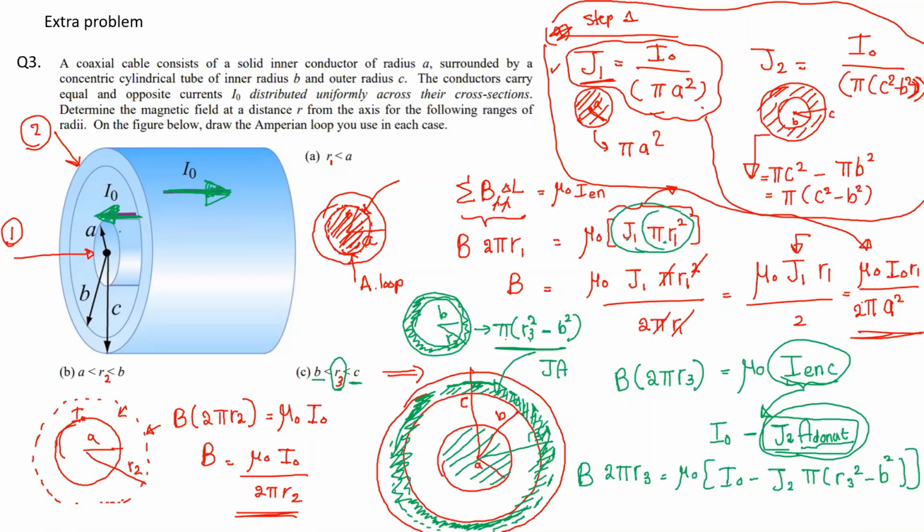Here the area was a circle, it was easy. But here the area was a ring like this. So your B will be this whole thing: mu naught, this whole thing divided by 2 pi R3. So you can simplify it further.